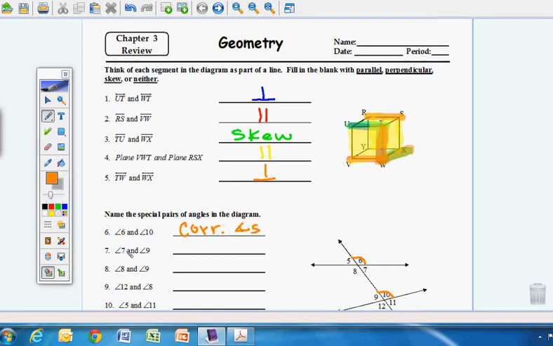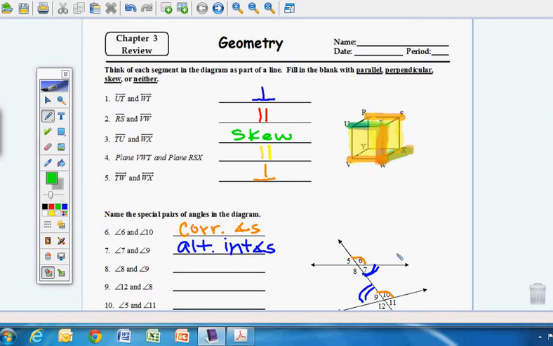Okay, then 7 and 9. 7 is located down here. 9 is over here. These two angles are on both sides of the transversal, so they're alternate. And they're inside of these two other lines. So they're alternate interior angles.